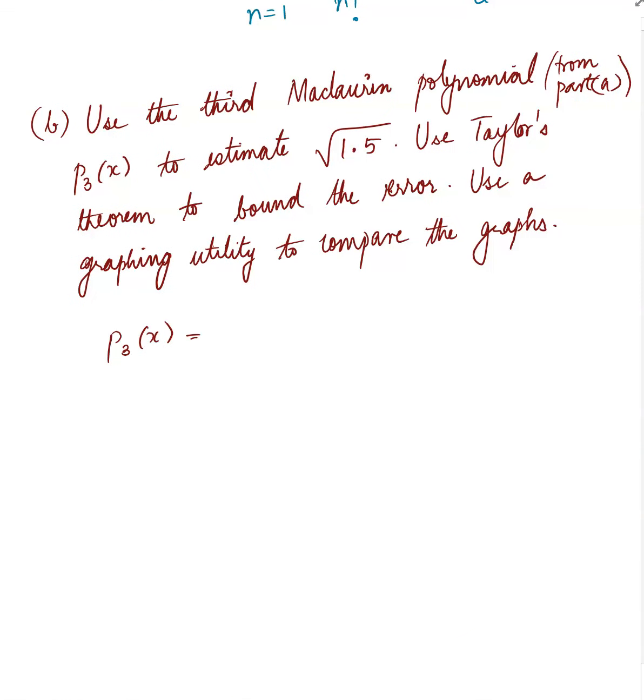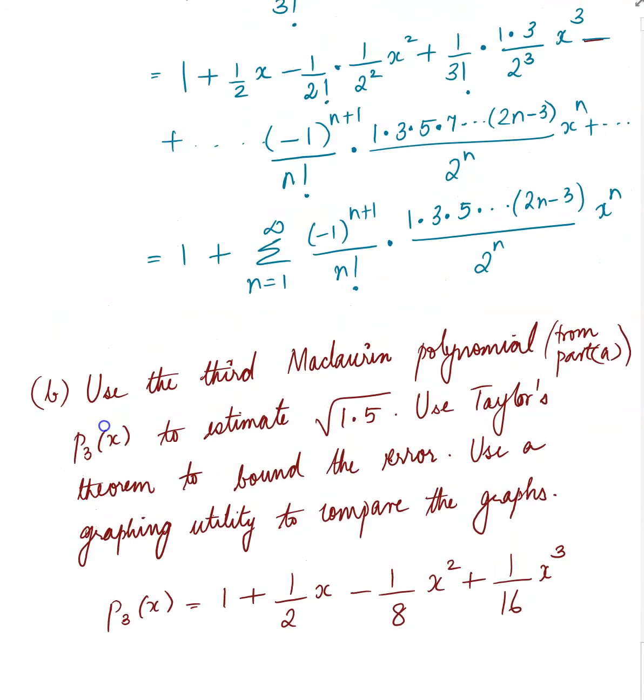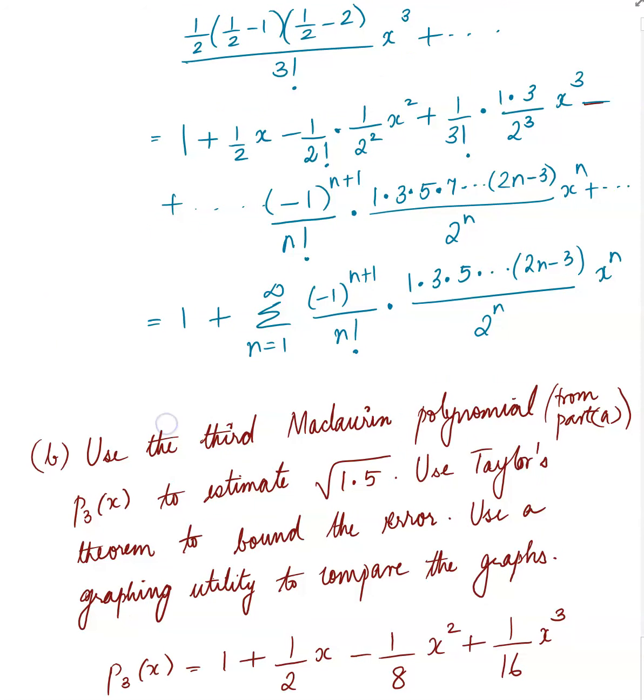So that's going to be 1 plus half times x minus 1 over 8 times x squared plus 1 over 16 times x cubed. You can see from here, 2 squared times 2 factorial, so 2 squared times 2 here would be 8 x squared.